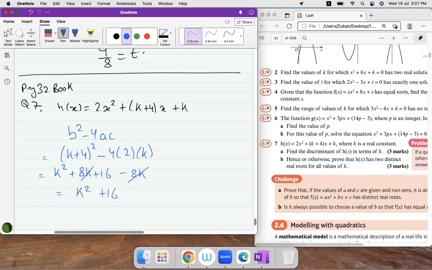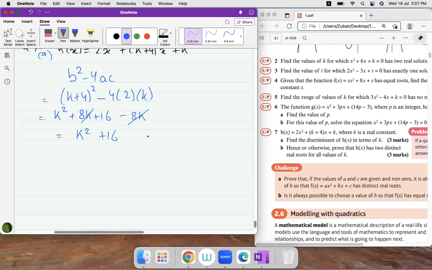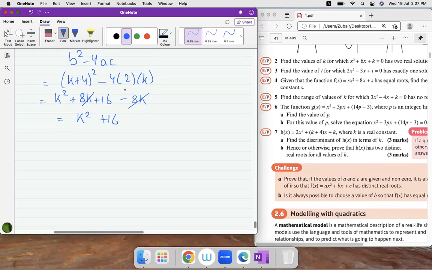B part says, hence or otherwise prove that h of x has two distinct real roots for all values of k. It has two distinct real roots. So if that was the case, we will use b square minus 4ac greater than 0.